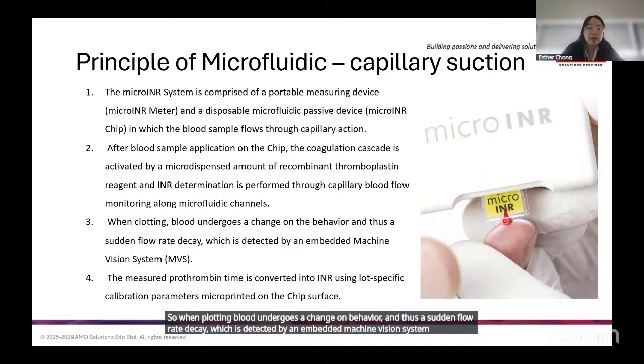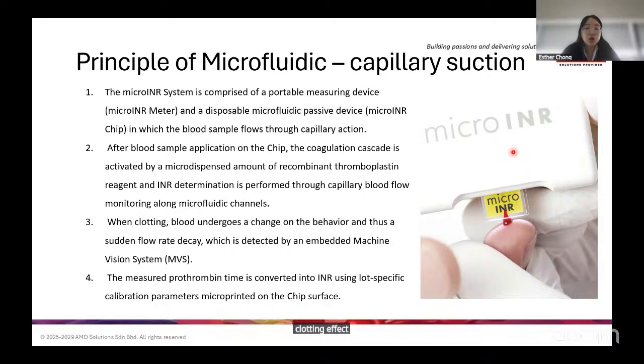So when the blood is mixed with the thromboplastin, it will start a clotting effect. So the blood will then start to clot, and then the machine vision system will detect the clotting time, especially the turbidity of the mixture, and then will detect the INR, PT-INR.